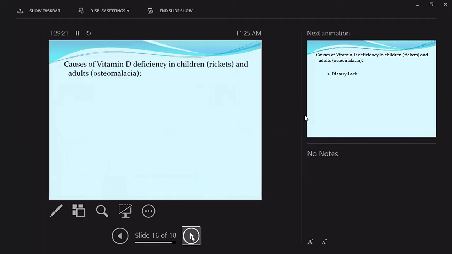Causes of vitamin D deficiency: rickets in children and osteomalacia in adults.